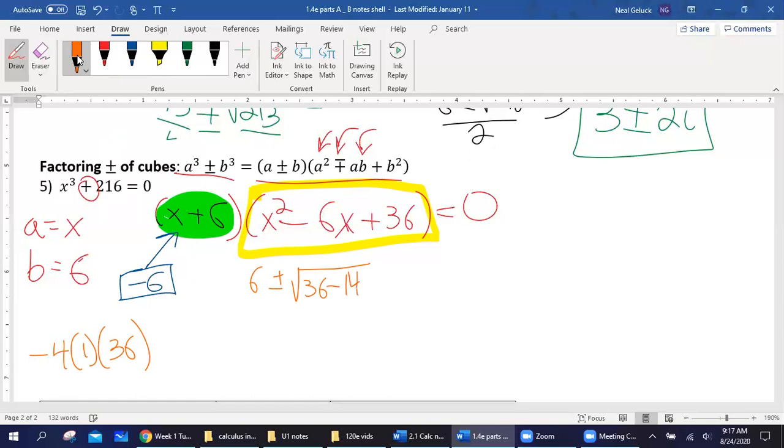Oh, no, 144, excuse me. All over 2a. And so I'm going to start trying to crunch this down. So this will be 6 plus or minus the square root of -108 all over 2.